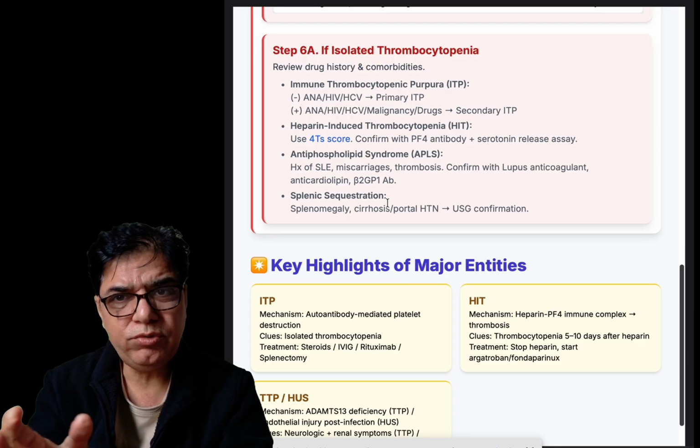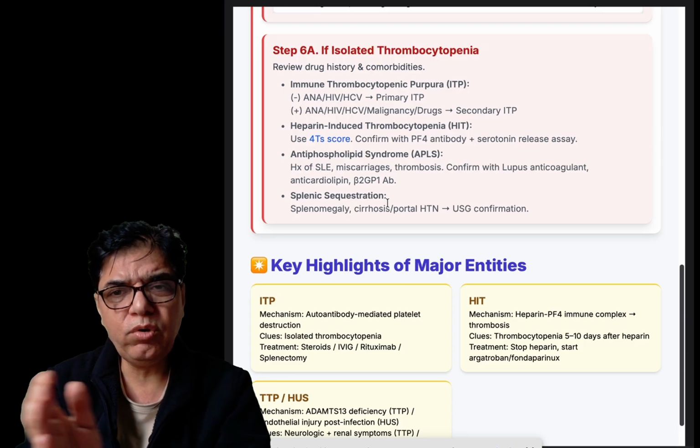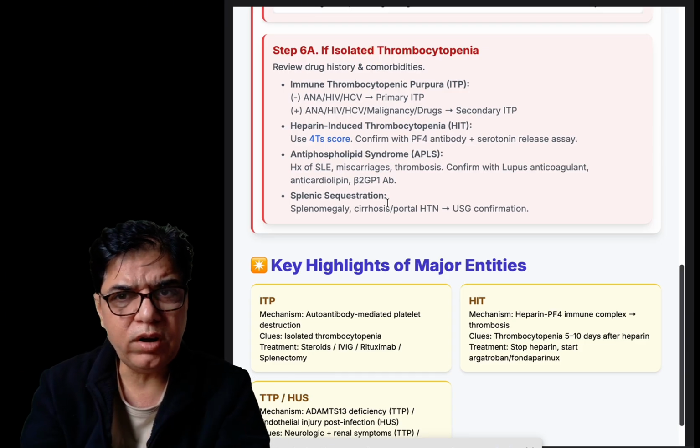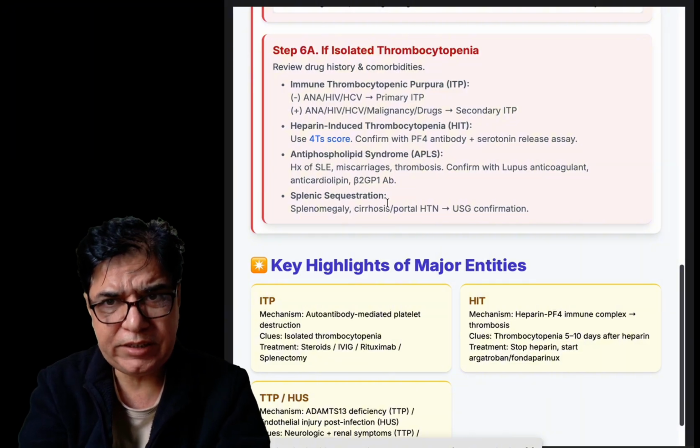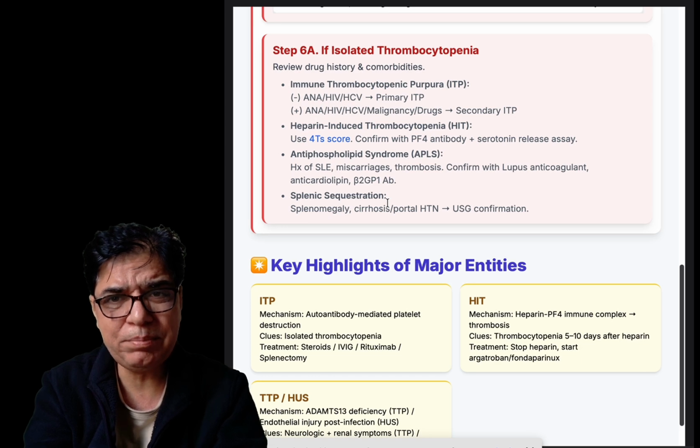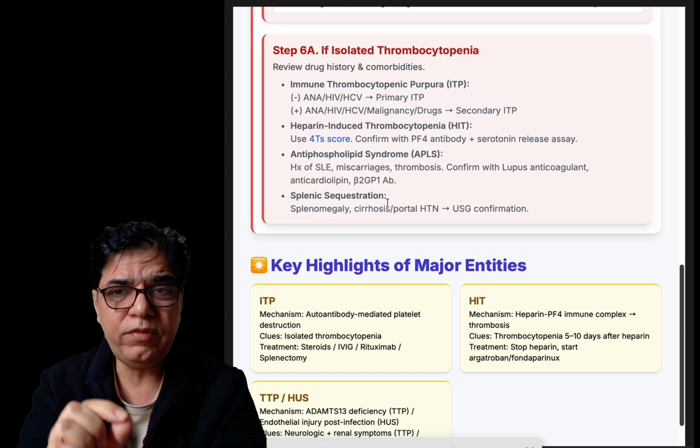You have to rule them out, because once you have ruled out all these conditions and you are left with no answer, then you are dealing with what we call primary ITP, or primary immune thrombocytopenic purpura. Primary immune thrombocytopenic purpura is a diagnosis of exclusion.